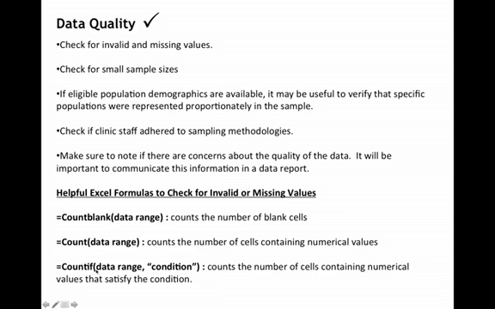And you can even use a count if and add a condition so that it only counts the number of cells that meet that condition. These are just three various ways you can quickly check for data quality using Excel, but there are various other ways of doing that, and various other packages and software tools that will also allow you to check for data quality. But we're not going to talk too much about data quality in this presentation.